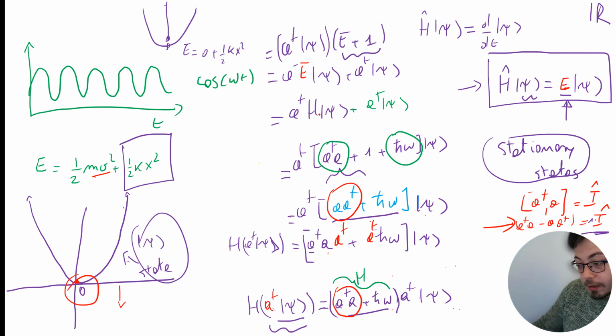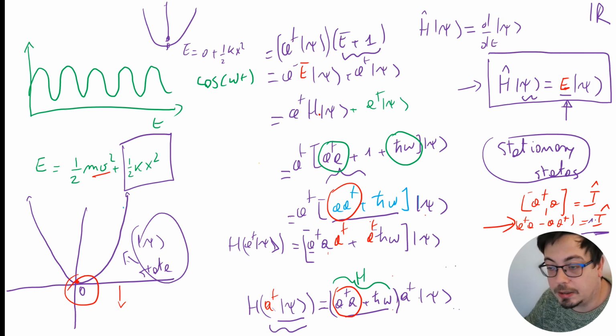And this is important because we just showed that applying this operator to the energy will promote the energy by 1 bit, which is the minimum that you can do to increase the energy of the system. So you cannot do less than that.